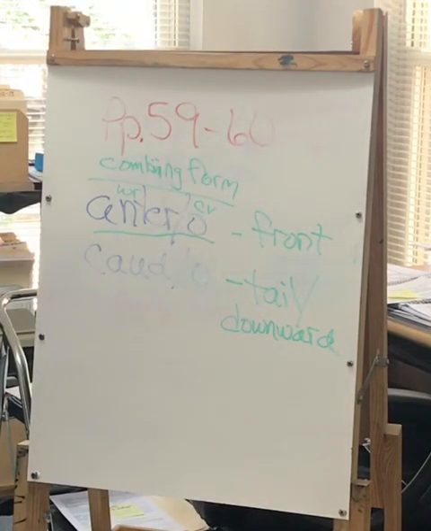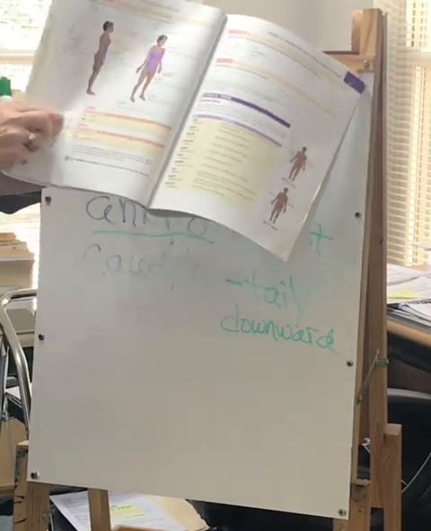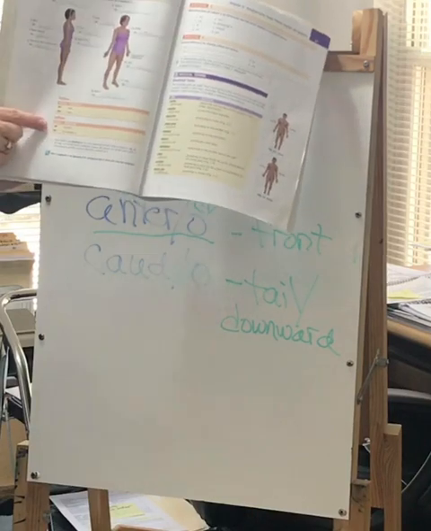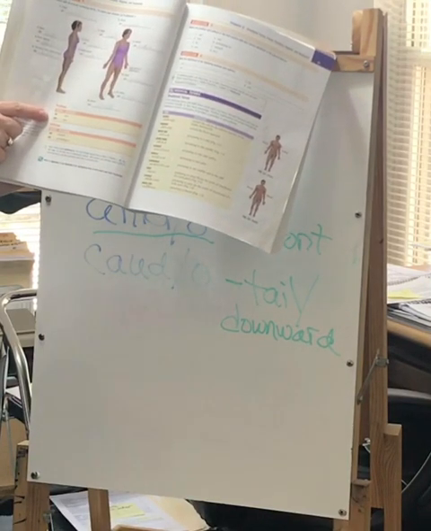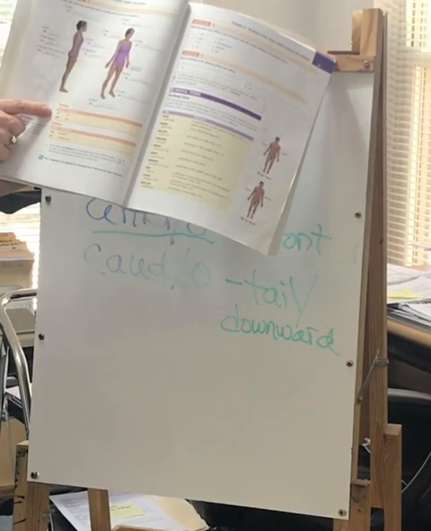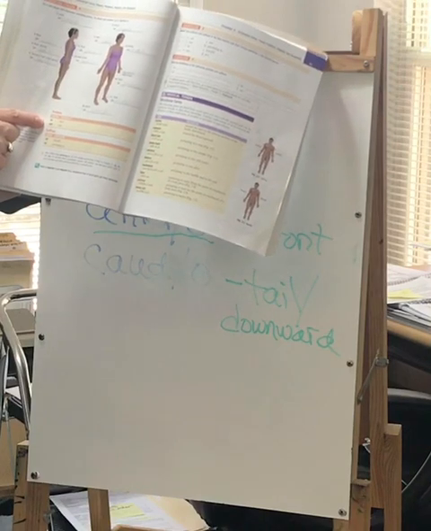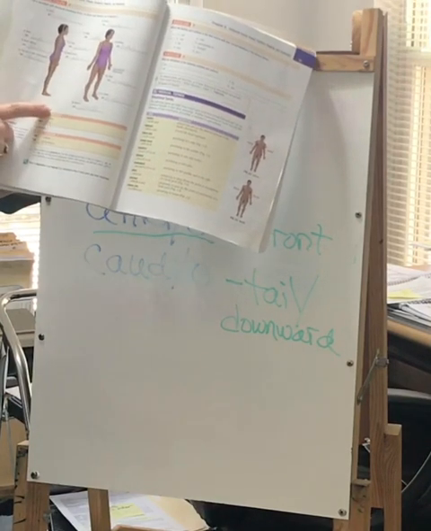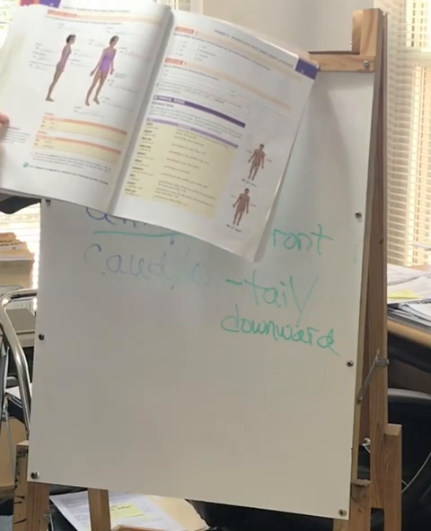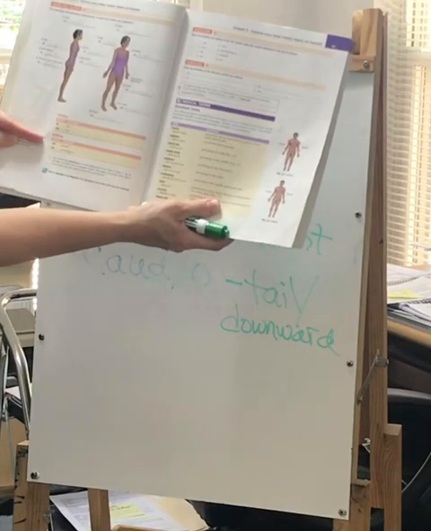And if you turn to page 60, you're going to see there are 2 prefixes and 2 suffixes. You have to memorize the prefixes, that they're bi and uni. You have to memorize that those are prefixes. They go at the beginning of words. And you have to memorize that bi means 2 and uni means 1. And then you have to do the same thing for the suffixes.